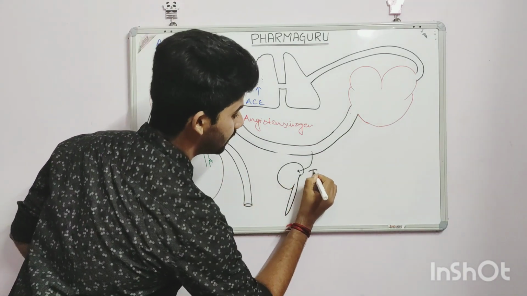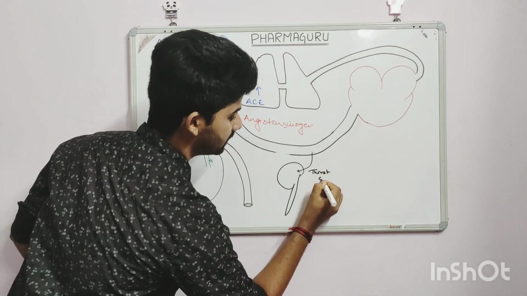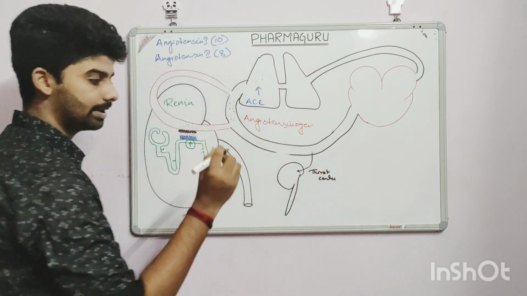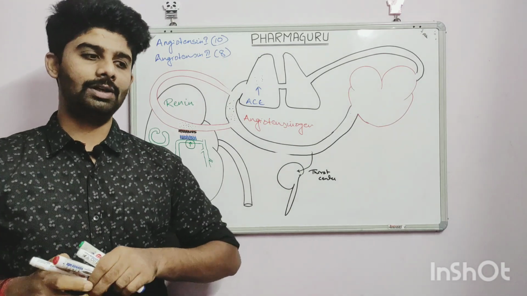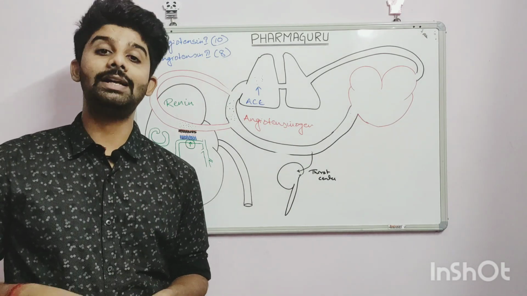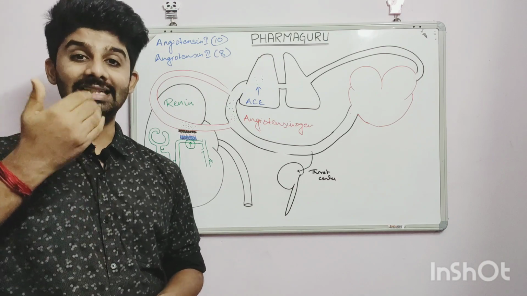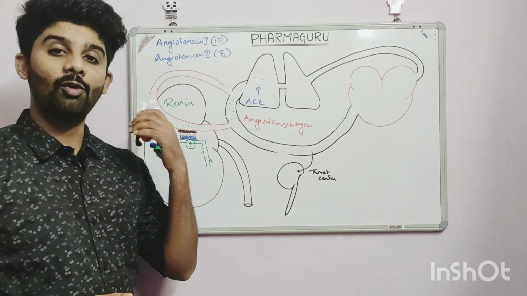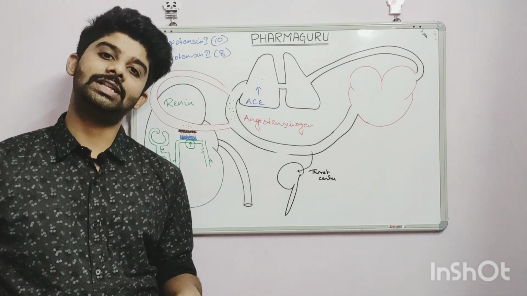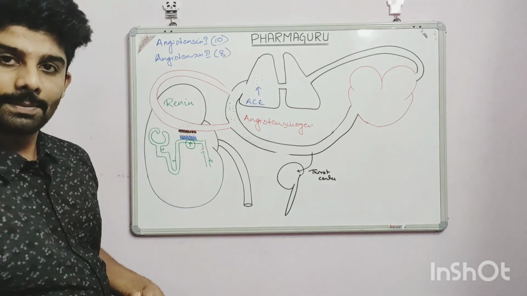When the thirst center is stimulated, we will tend to have a lot of thirst. We will take a lot of water, meaning we are increasing the body fluid and the blood volume. When the blood volume is increased, obviously the cardiac output will be increased, and the systemic blood pressure will also be increased.